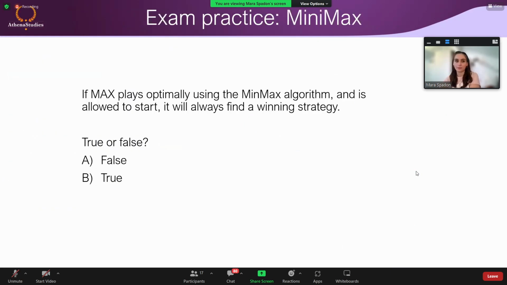All right, let's continue. We have a minimax question. If max plays optimally using the minimax algorithm and it is allowed to start, it will always find a winning strategy. Is this true or false?